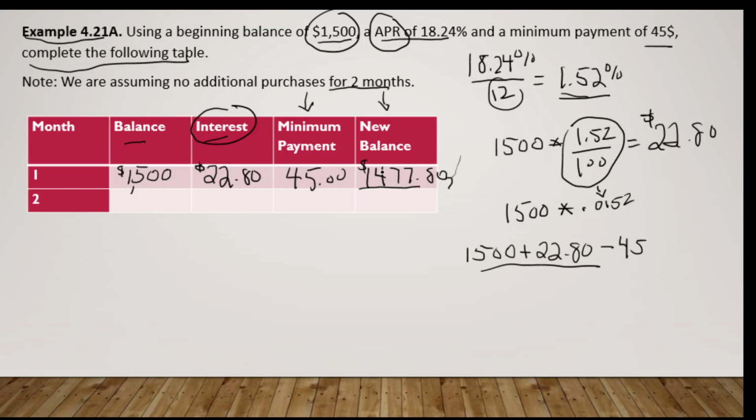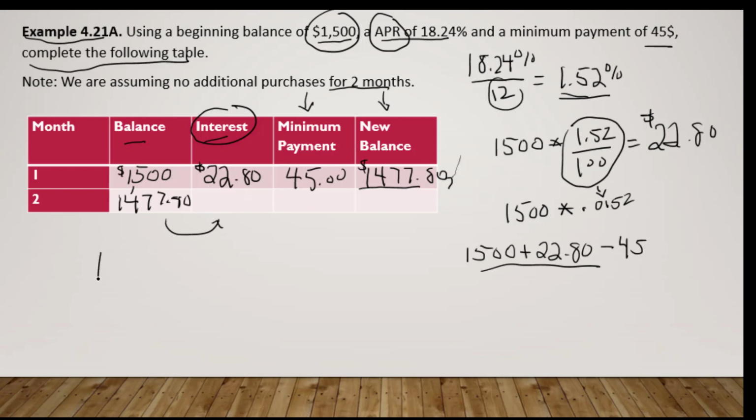Now the new balance, the balance at the end of month 1 is the same as the balance at the beginning of month 2. My interest is not going to be the same because I don't owe as much money. It's going to be a little bit less, right?